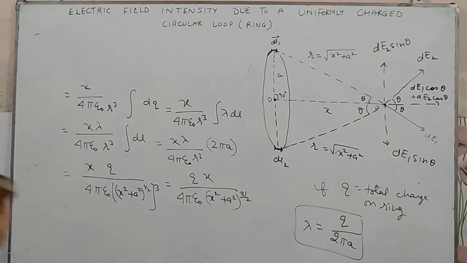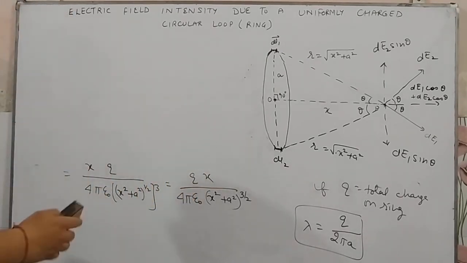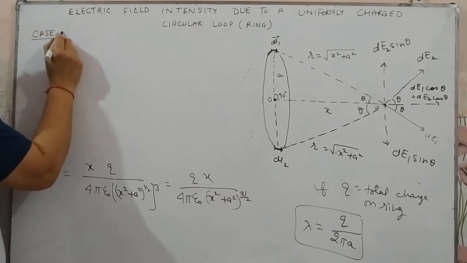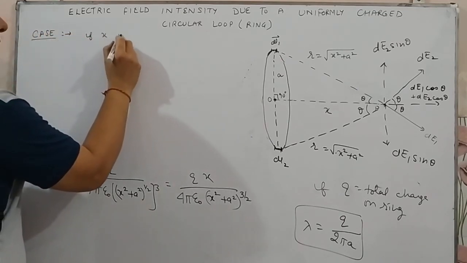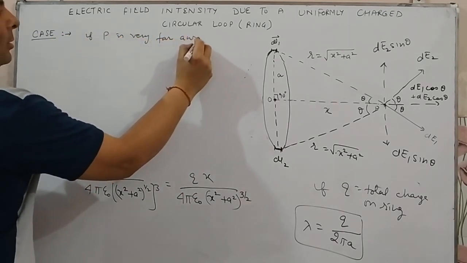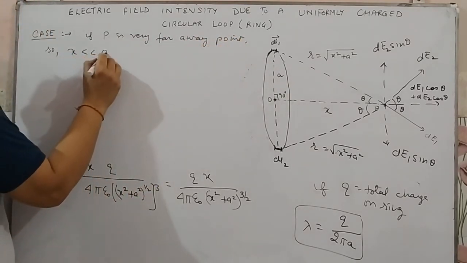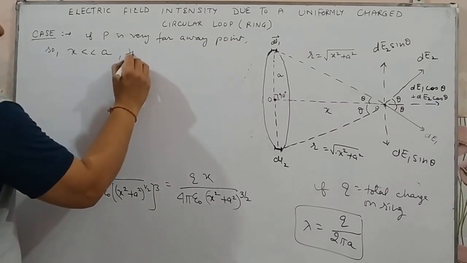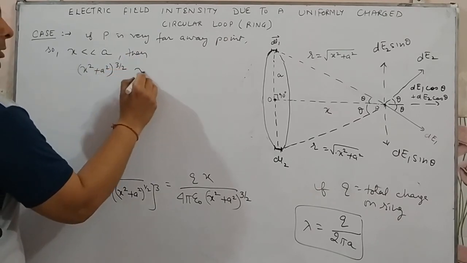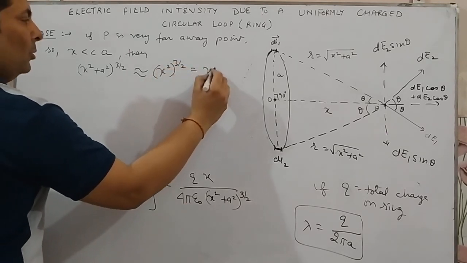Now one special case has to be discussed for this. The special case is, suppose P is a very far away point, so that x is much greater than a, then we have x square plus a square power 3 by 2 nearly equal to x square power 3 by 2, which is further equal to x cube.